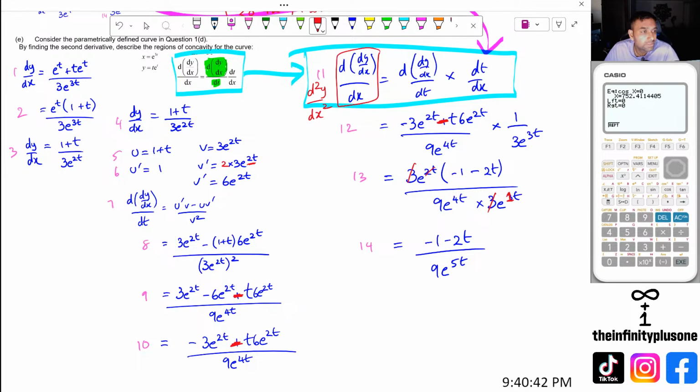Sorry, team. Correct, Bianca. You differentiate it, and then you've got to multiply it with dt/dx to get the second derivative.